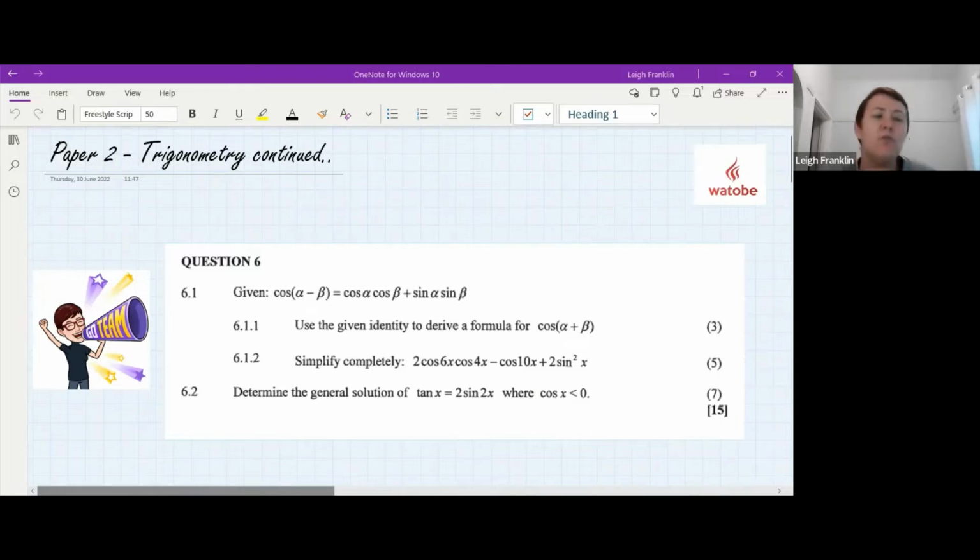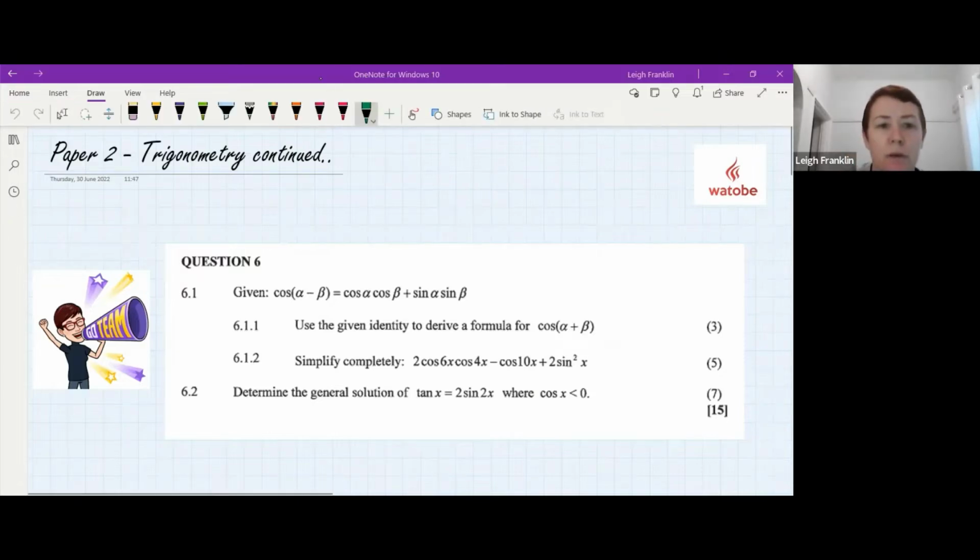If you look in any matric trig textbook, they will give you a long proof of how cos A plus B is actually derived, like where it comes from.